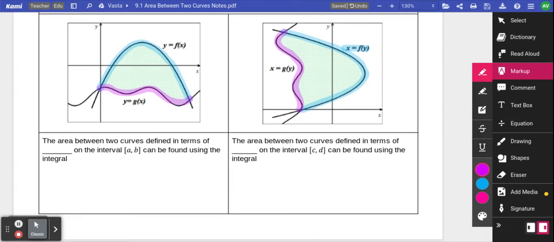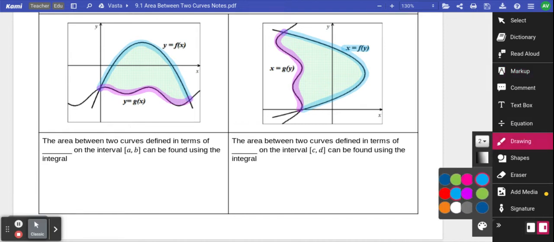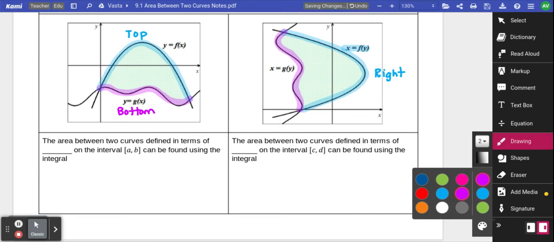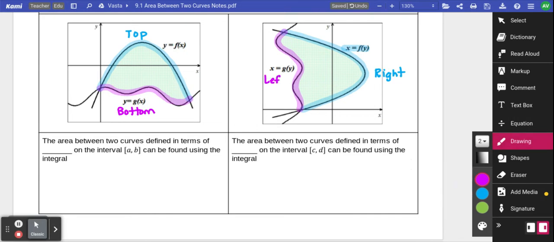Now, this is where we have two different techniques for solving the problem, depending on whether there is one curve that's on the top and one that's on the bottom, like the first picture, or depending on whether the area we want to find is trapped between two curves where one of the curves is on the right-hand side and one of the curves is on the left-hand side. Whether you have a top and a bottom or a right and a left, it changes how you would set up the problem. So let me give you an example.